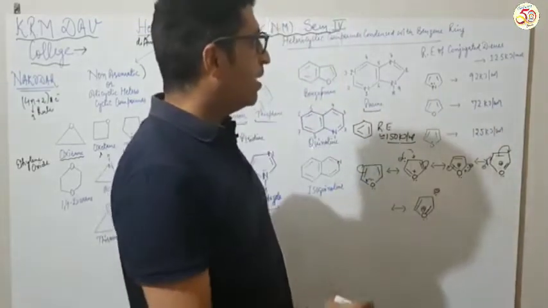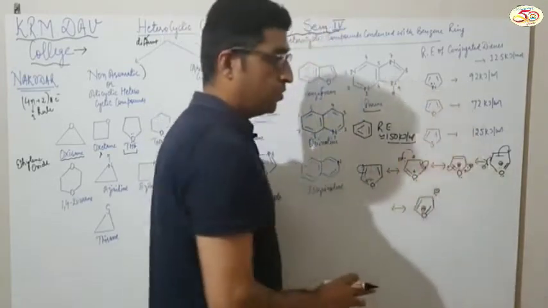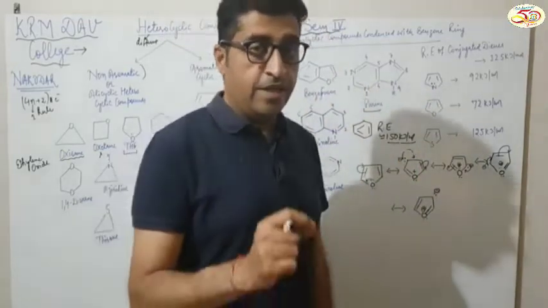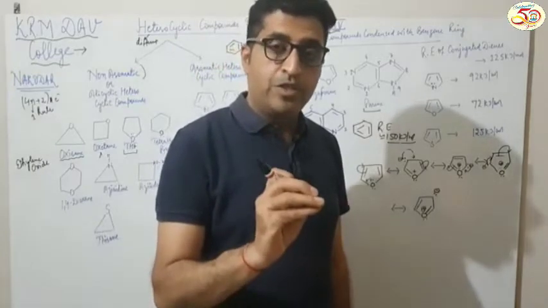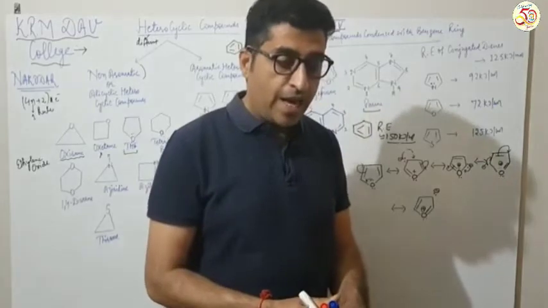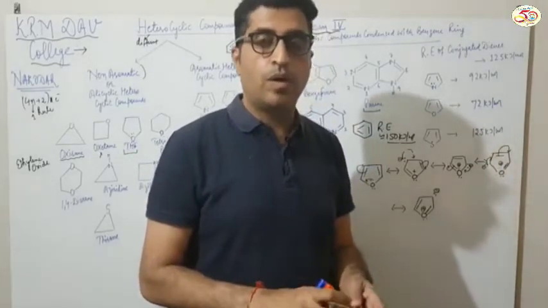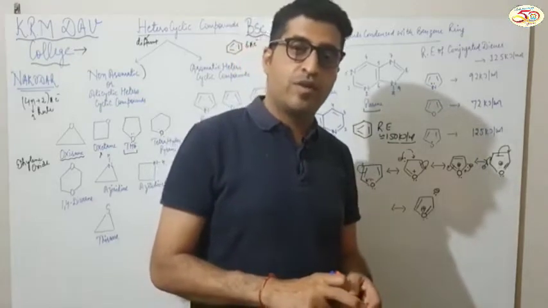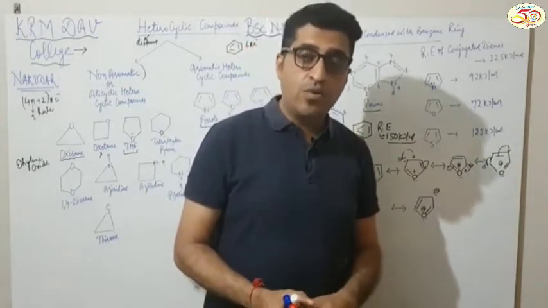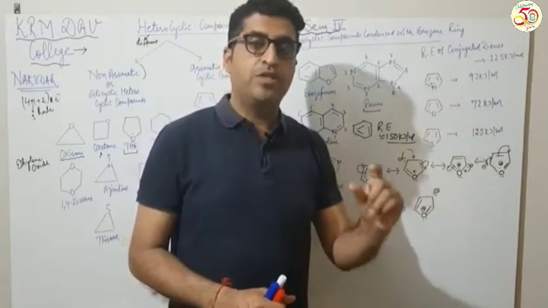Similarly, you can draw resonating structures of thiophene too, with one difference: in thiophene, an empty d orbital is there. It means I am able to get more resonating structures in thiophene because of the availability of the empty d orbital.